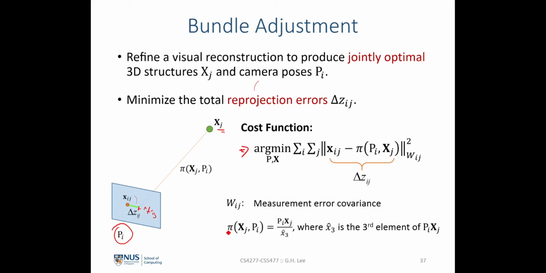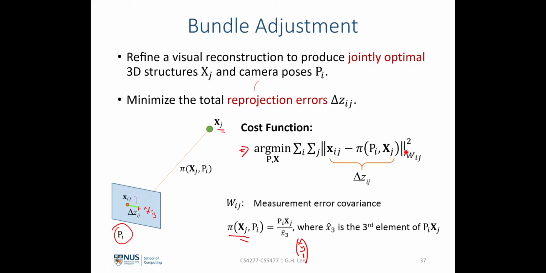So Pi xj over here represents the reprojection, where we compute this by simply multiplying Pi and xj. We have seen this in the earlier lecture, but we shouldn't forget that this has to be normalized by the third element of the multiplication over here in order to make it a valid homogeneous coordinate of x, y, and 1 in the third element.